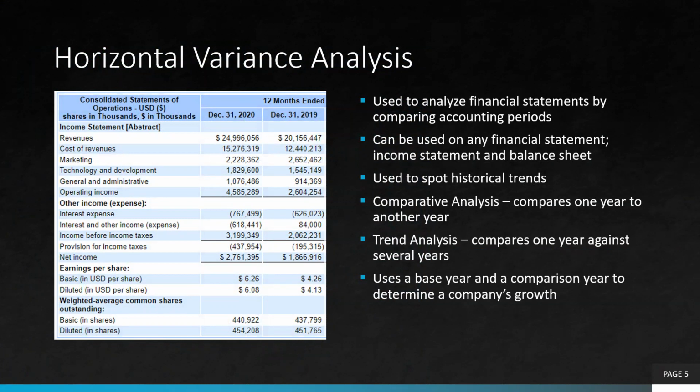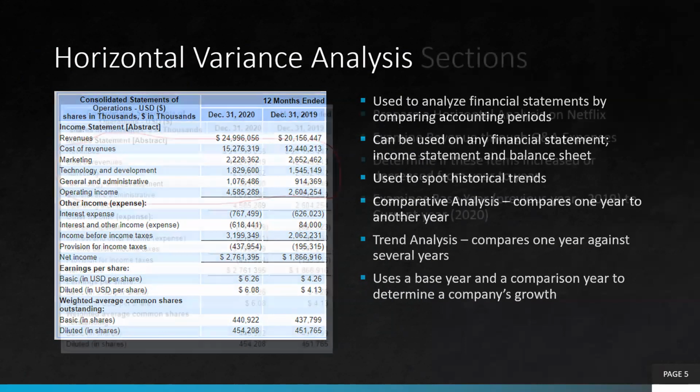And you can do a comparative analysis, which compares one year to another, which is what we have here. The trend analysis can be a comparison of 1 year against several years. So for example, if you wanted to look at 2020 versus the past 5 years, it uses a base year and a comparison year to determine the company's growth.